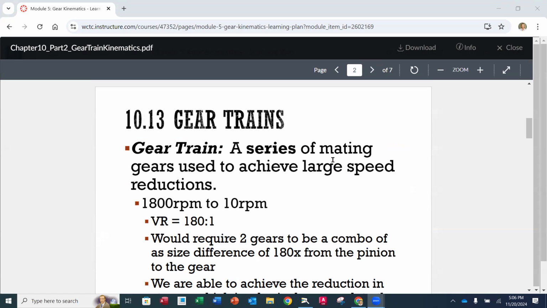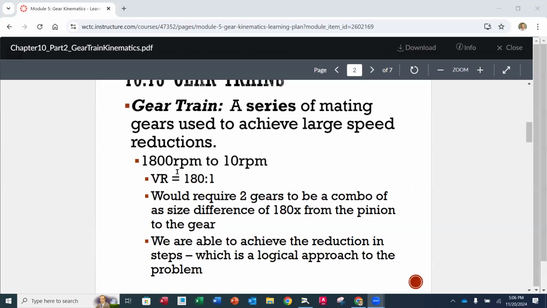Now, a gear train is going to be a series of mating gears used to achieve larger speed reductions. So, for instance, if we have our input maybe coming off of a motor or a gas engine is 1800 RPMs, and we want to reduce that speed on our output down to 10 RPMs, okay?